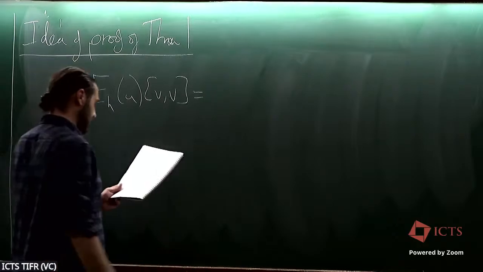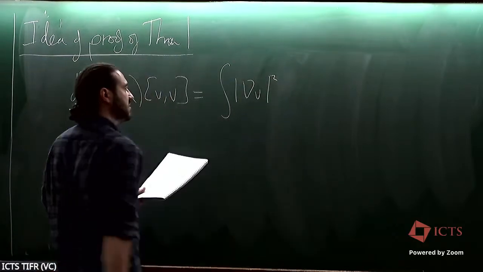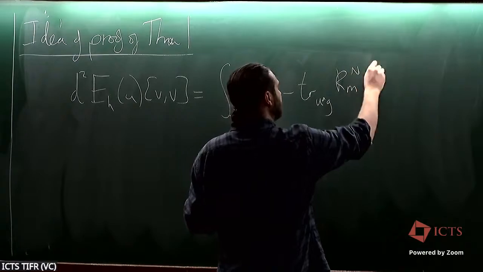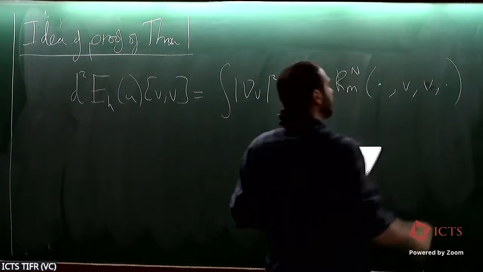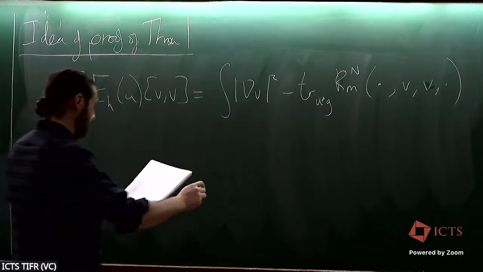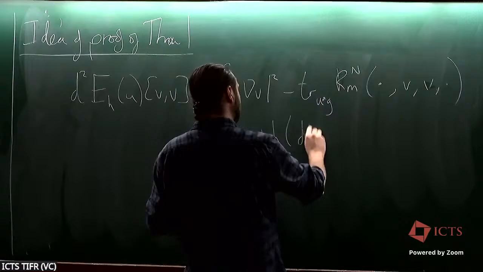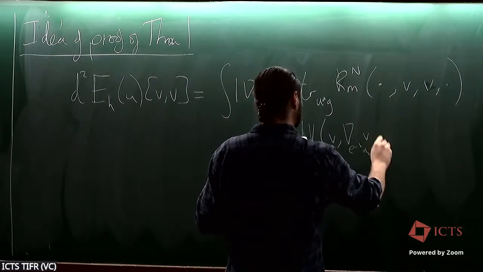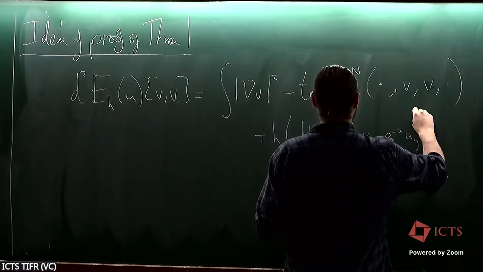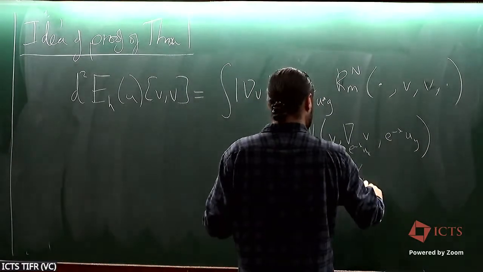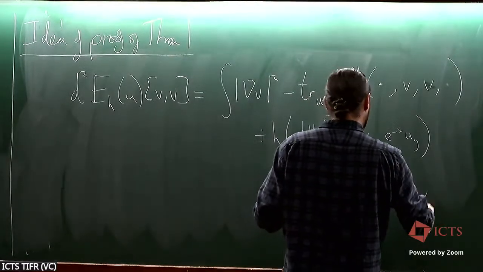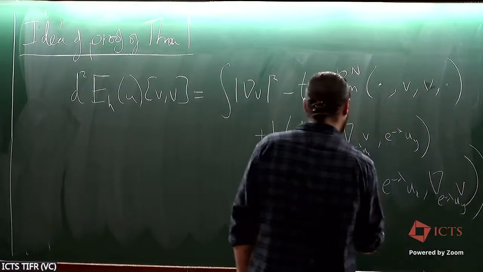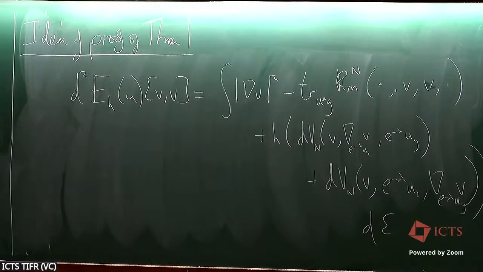This is the connection derivative of V squared minus some kind of trace over the ambient curvature of N plus H times the volume functional on N evaluated at this thing here. And I claim this is better.